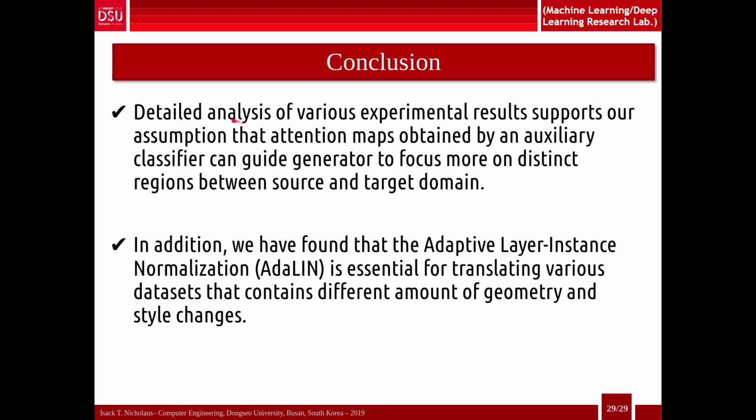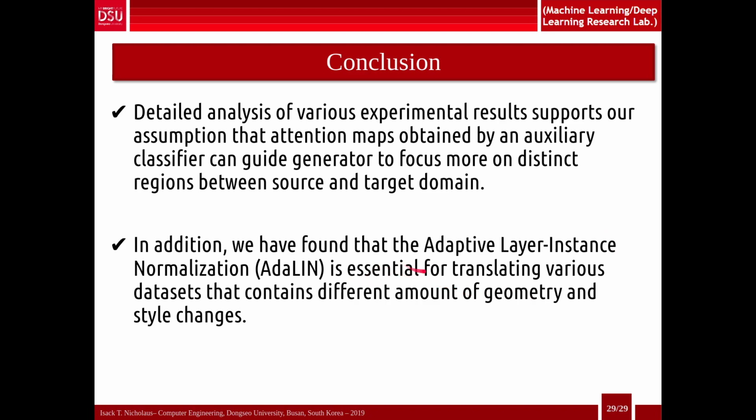Conclusion. The detailed analysis of various experimental results supports the authors' assumption that the attention map obtained by the auxiliary classifier can guide the generator to focus more on distinctive regions between the source and target domain and help the model generate better and more realistic images. Another point is about AdaLIN.